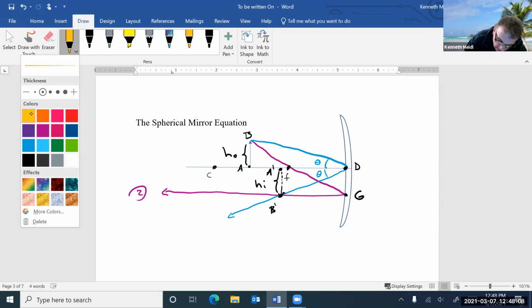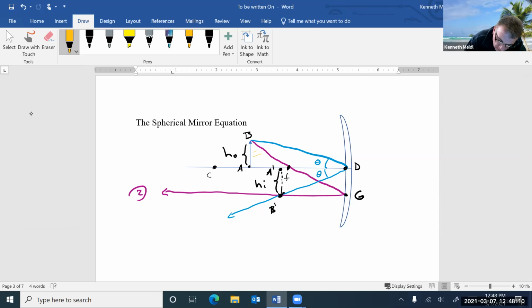this triangle right here. So I'm going to put some little yellow lines in here. This is going to get kind of cluttered looking in a little bit, but those two triangles right there, they're not the same triangle. They're not congruent, but they are similar.